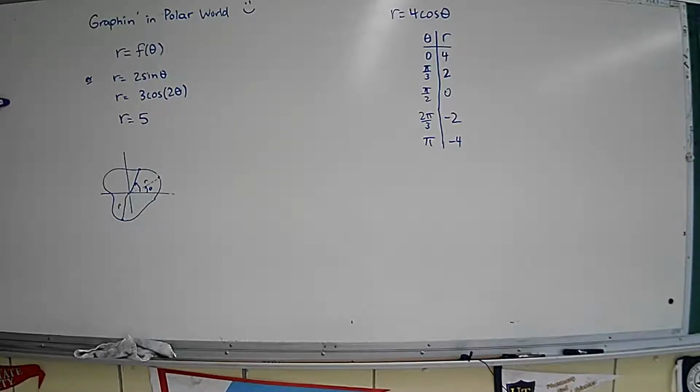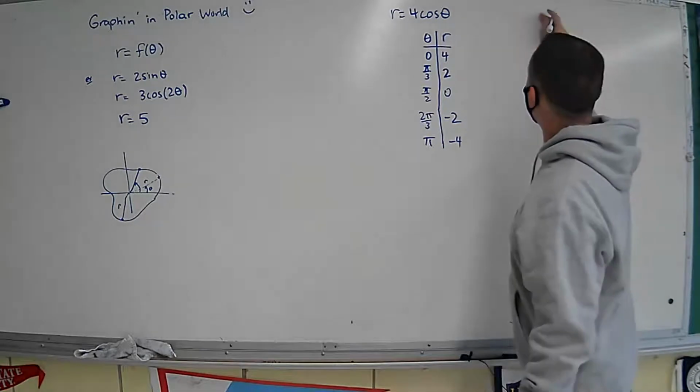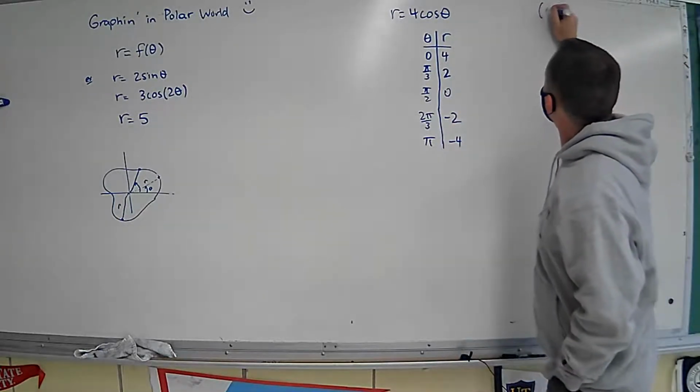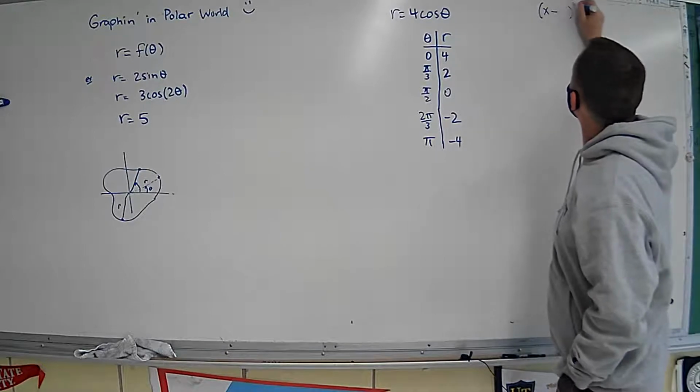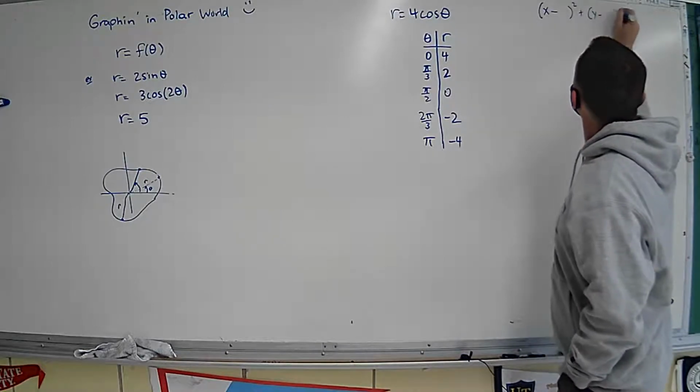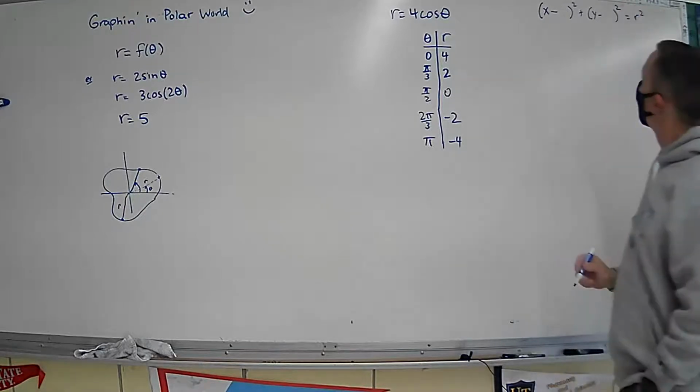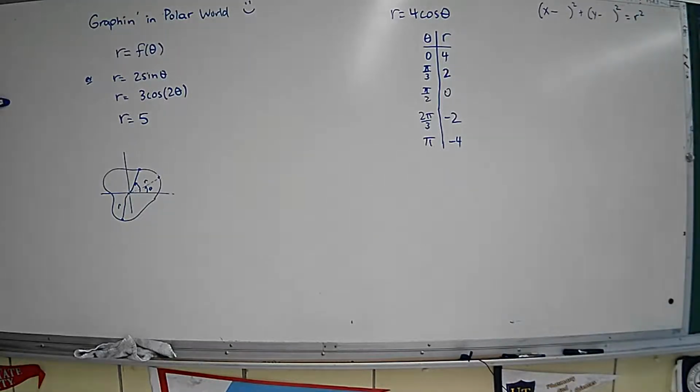Maybe we should algebraically prove that this is a circle that we know and love. In fact, could anybody just look at this circle and tell me the Cartesian equation of that circle? You remember how to do that? Did you take the ACT? This is on the ACT. Like center and radius.